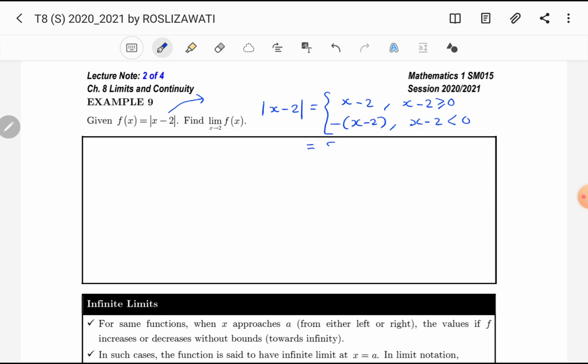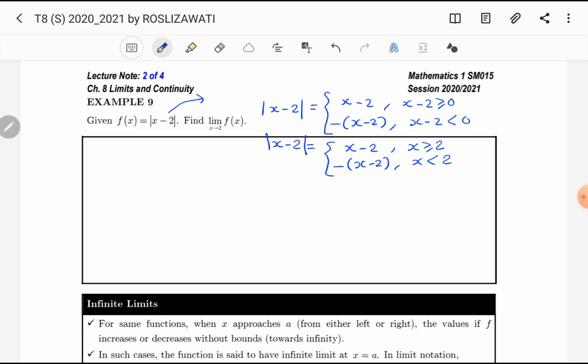Or we can simplify it as x minus 2 if x is greater than or equal to 2, and negative (x minus 2) for x less than 2. So this is the definition for modulus of x minus 2.